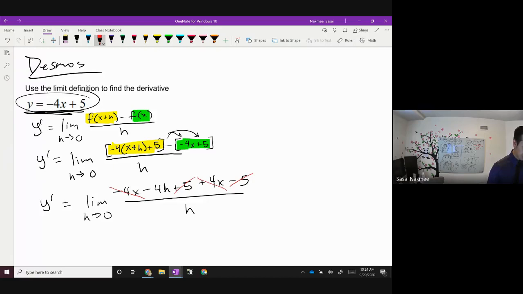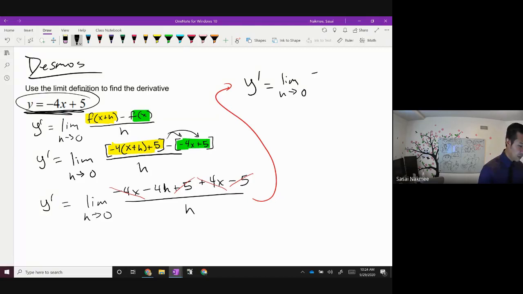So this is going to simplify to, and I'm going to write this up here so I have a little bit more space, y prime is equal to the limit as h approaches 0 of negative 4h divided by h. Of course, what's going to happen to the h's there? They're going to cancel out, aren't they? H on the top, h on the bottom. So I'm left with y prime is equal to the limit as h approaches 0 of negative 4.